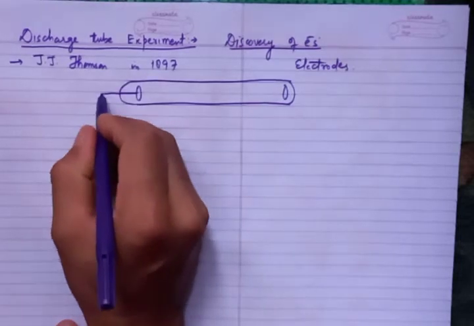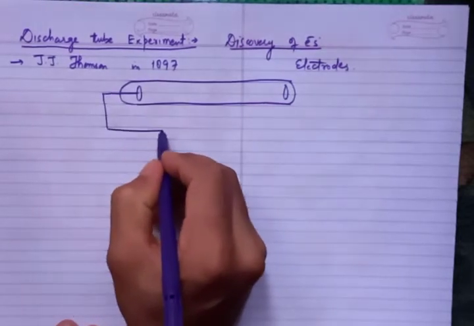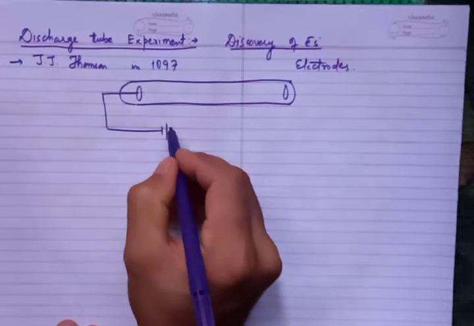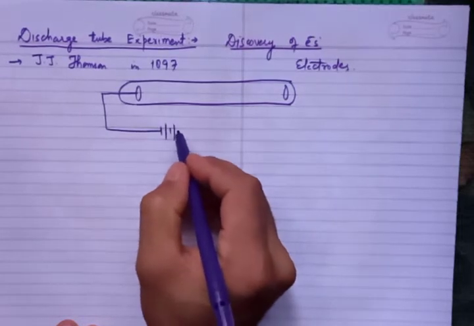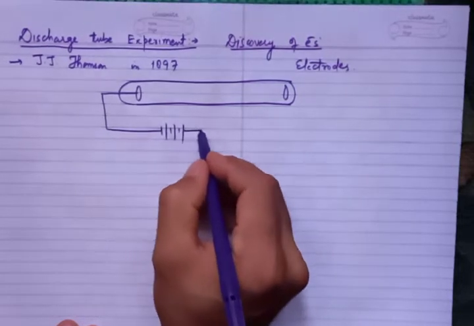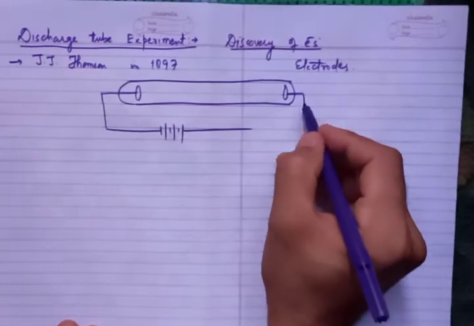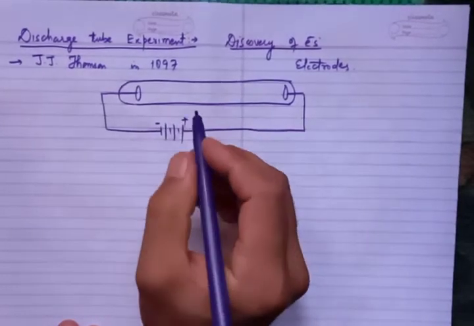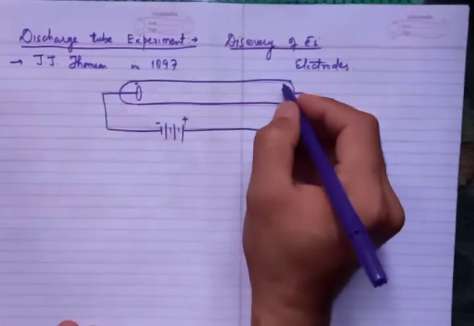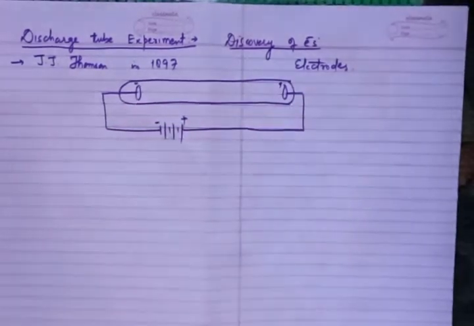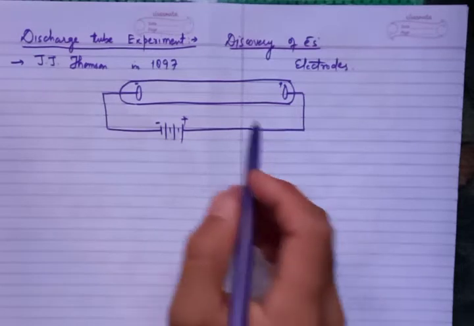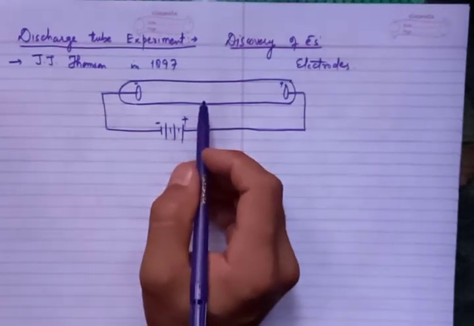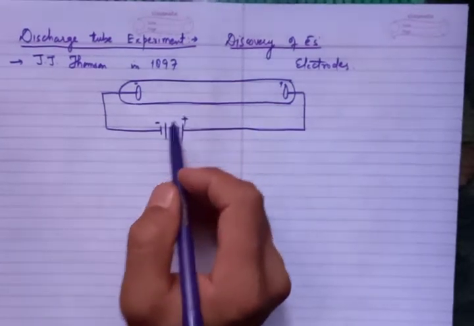Say this is one plate, this is another plate. It is negative, it is positive: negative electrode, positive electrode. These two electrodes of the discharge tube are connected to the two ends of the battery.